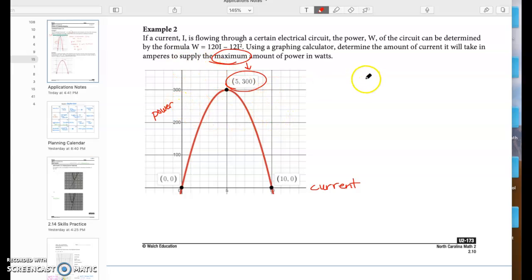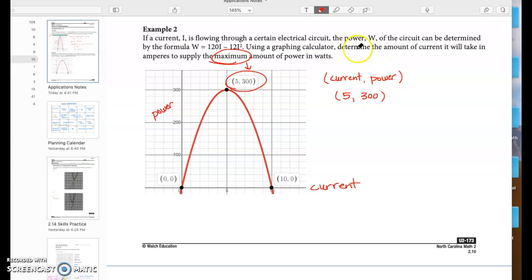Again, in this scenario, the ordered pair is representing current as the x value, power as the y. So when we have a current of 5, we are getting 300 watts.